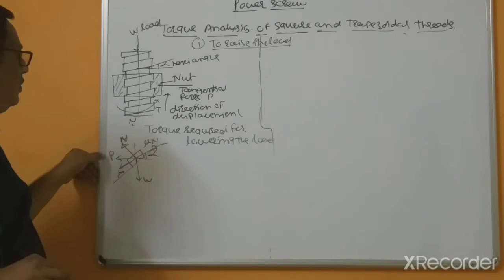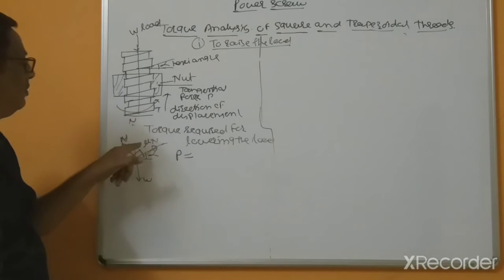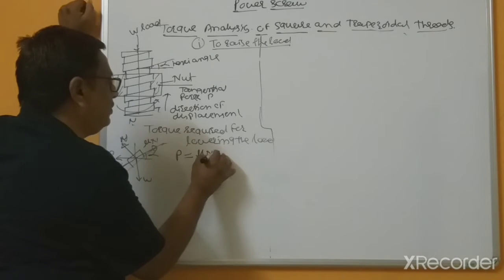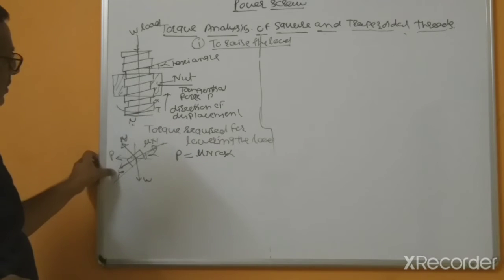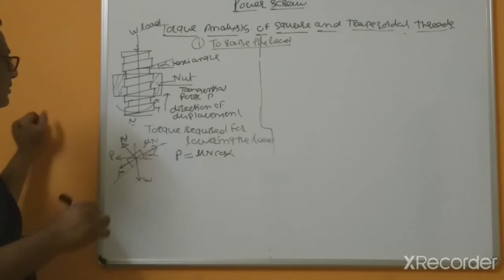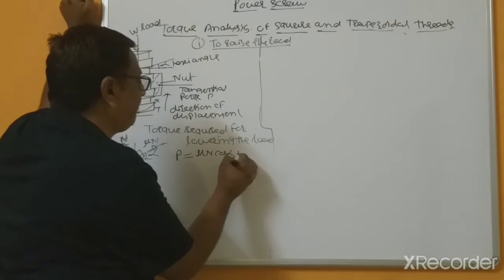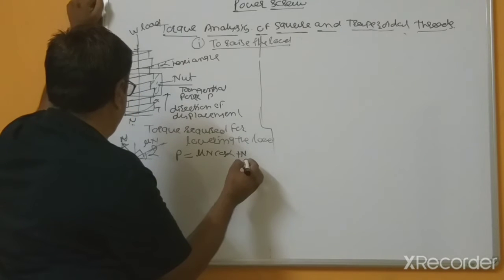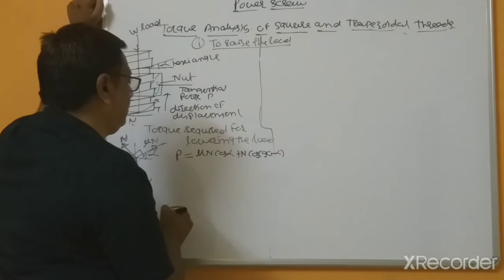Now P equal to, and this opposite force, because the opposite force is mu N cos alpha, and this is the upward force, so that's why plus N cos (90 minus alpha).